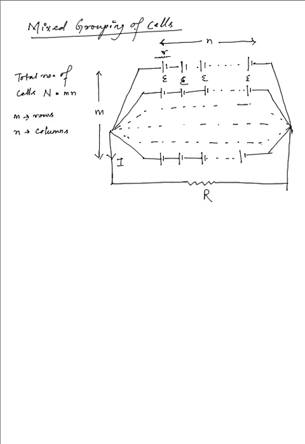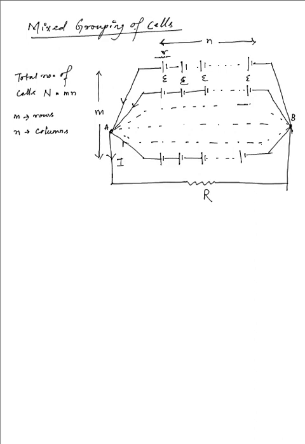flowing across the circuit. Now the potential difference across these two points, let these two points be A and B, will be the same, because we have taken each cell to have the same EMF and internal resistance. So obviously each wire that we have considered here will have the same potential difference, and we can check it for ourselves.